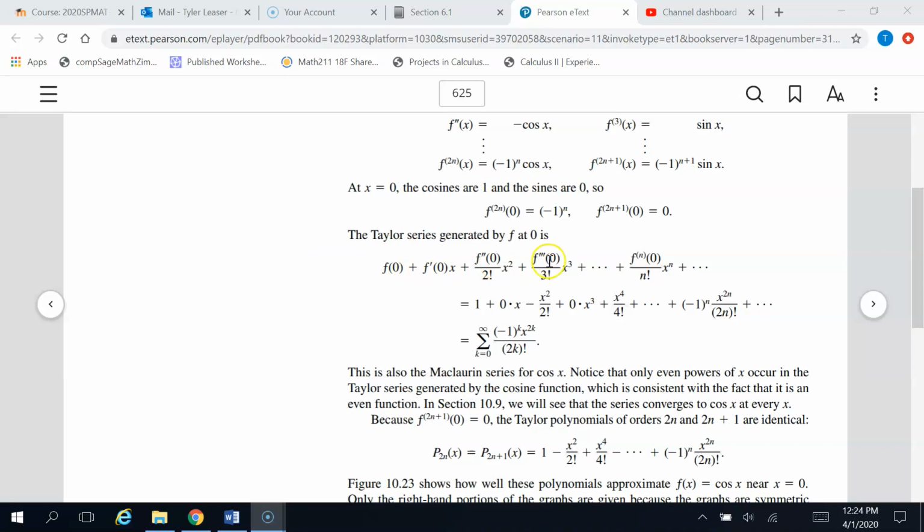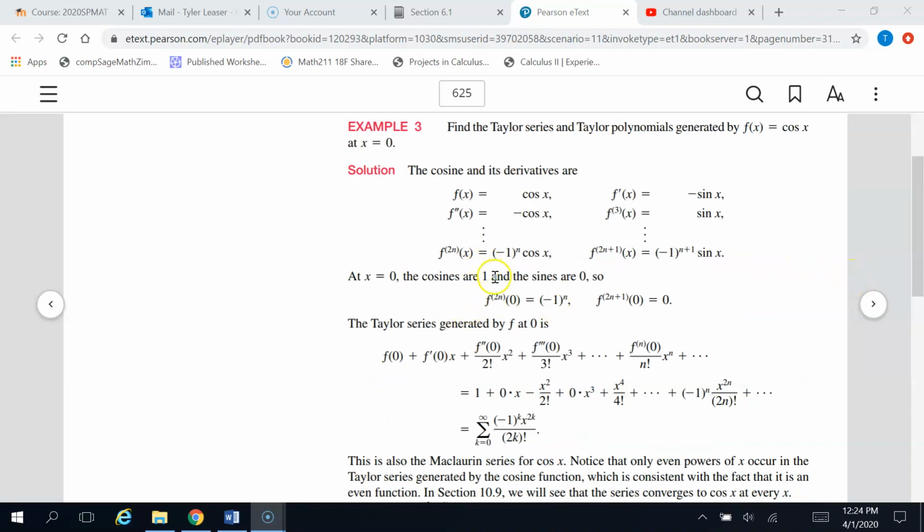So here we have our Taylor series written out as all of the terms. Remember, you're plugging in just the coefficient f of 0, and then the first derivative at 0 times x minus 0 to the 1, which is just x, and so on and so forth. So what the book does is they just substitute in these values that they got up top here.